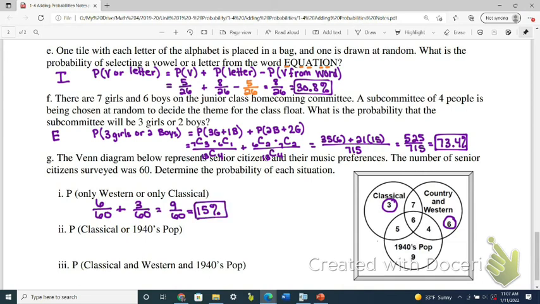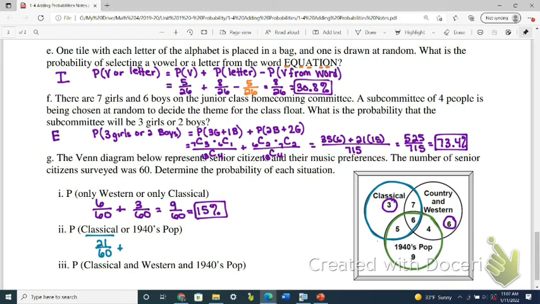For B, classical or 1940s pop. So classical is this entire circle. So I'm going to add up all 4 of those numbers. I get 21 out of 60. Or 1940s pop, that is all of this circle.